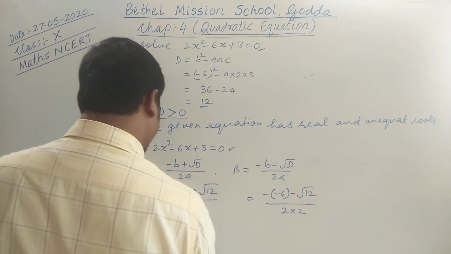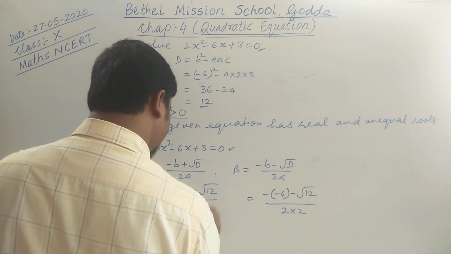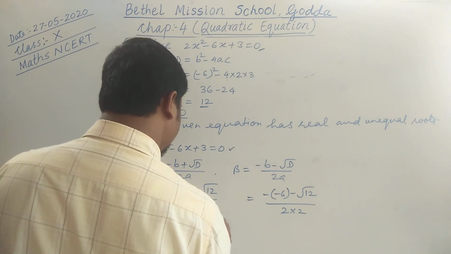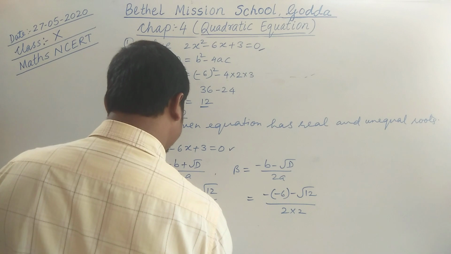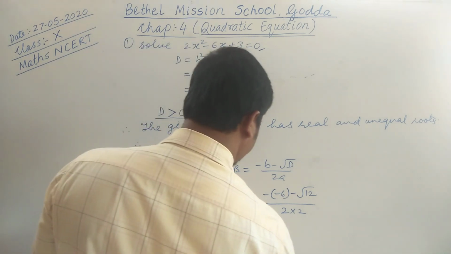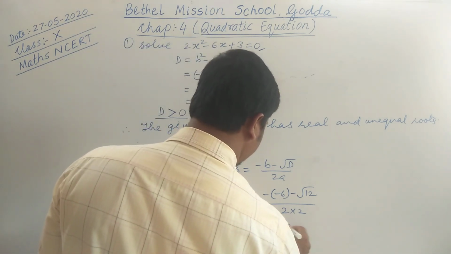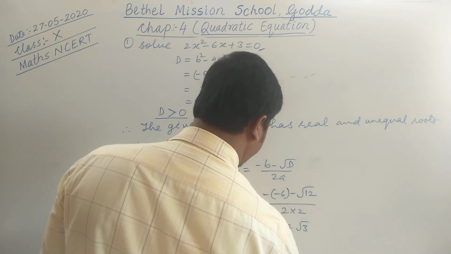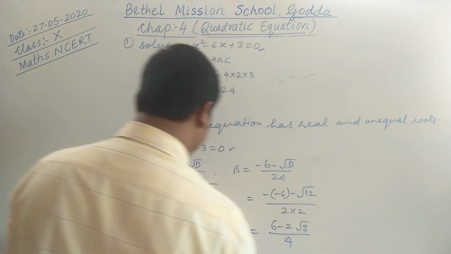Then √12 is 2√3, so we get (6 + 2√3) / 4, and (6 − 2√3) / 4.